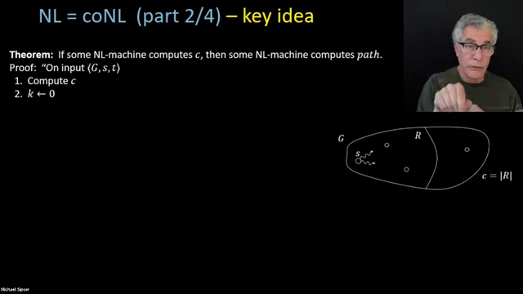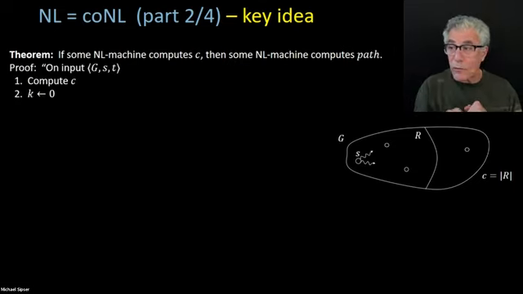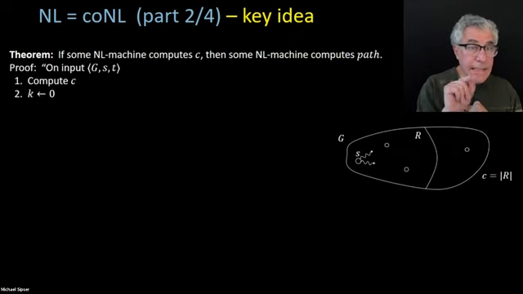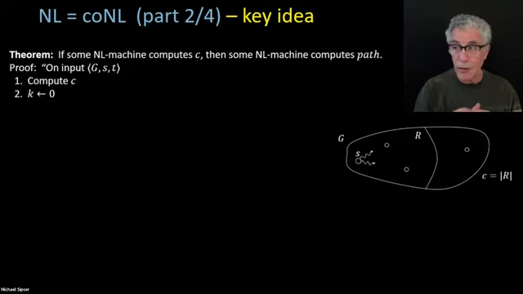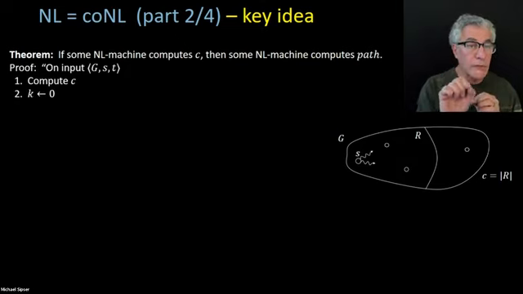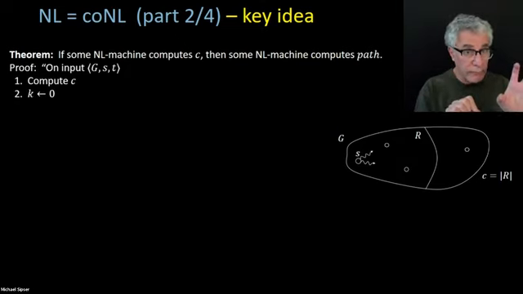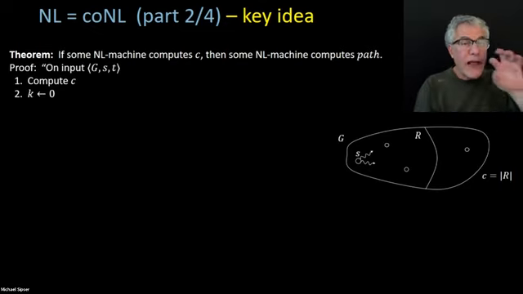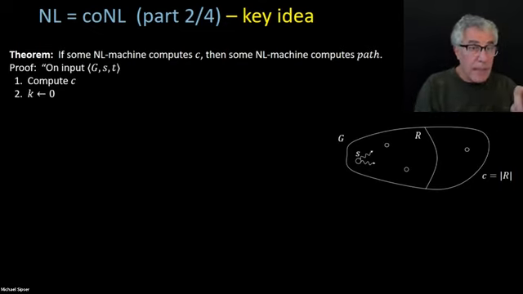So I'm going to guess 100 nodes, prove that they're reachable, and then see whether T was one of those reachable nodes. If it was, then I would have found it and I would know to say yes. But if I found them all and T wasn't one of them, then I know it's not reachable.